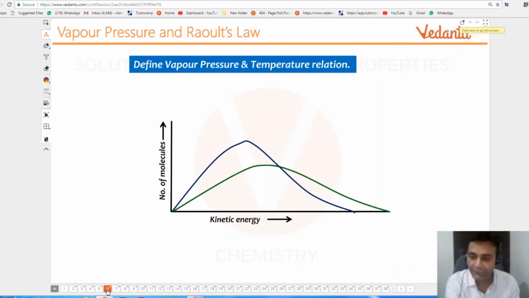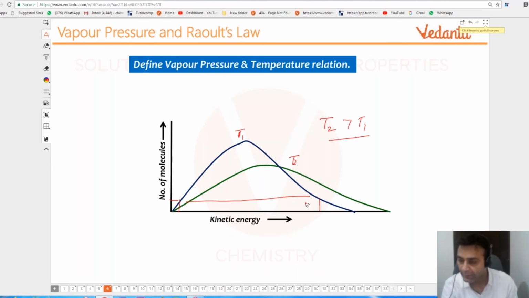If you draw a graph of the kinetic energy of the molecules at temperature T1, this is the graph. But at any temperature T2, such that T2 is greater than T1, the kinetic energy of the molecules increases. At a very low temperature, a very small fraction of molecules have very low kinetic energy, and a very small fraction of molecules have very, very high kinetic energy also.